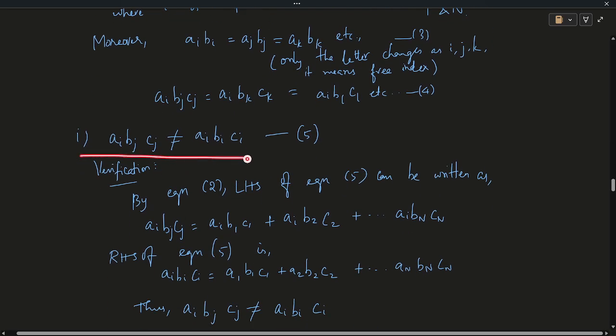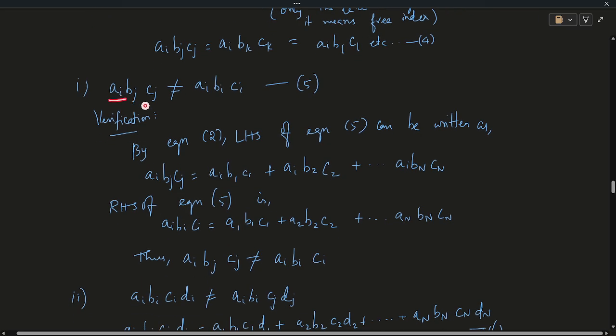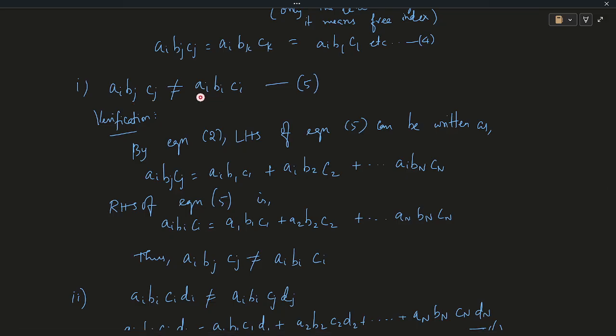These are the known things. The first thing we are trying to prove is that Ai Bj Cj is not equal to Ai Bi Ci. What we say here is that if we have one free index and a dummy index over here, and three of the same index over here, then we cannot say they are equal, since all three are the same free index.